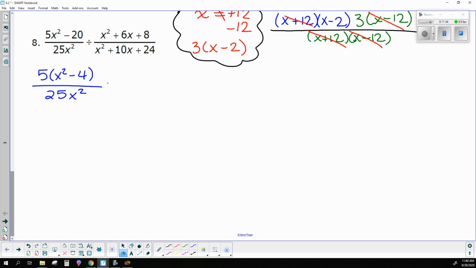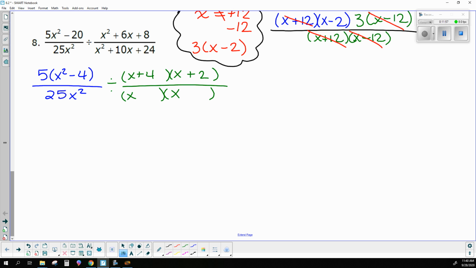And the second one, divided by, plus 4 plus 2. Let's see, it looks like we're going to have 12 and 2.